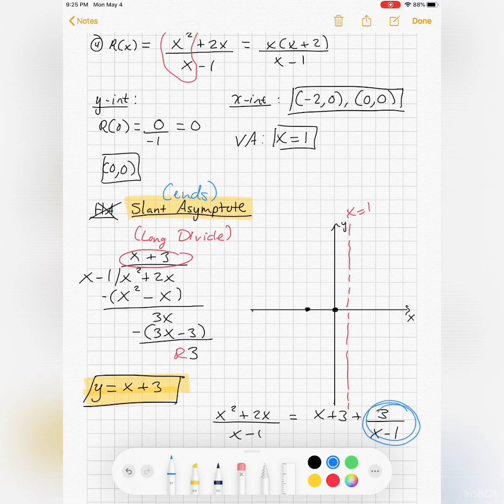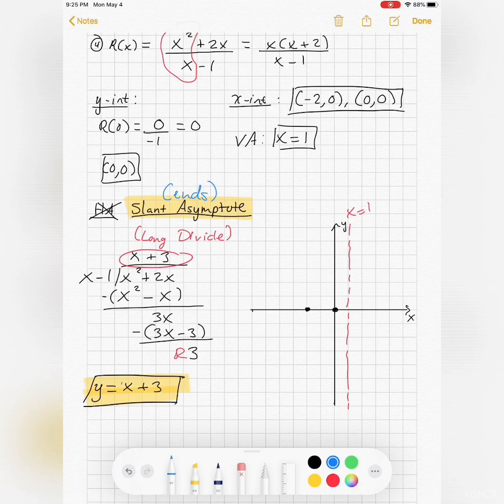If x is a big number, this fraction goes to 0, right? That's 3 over a huge number. So actually the remainder is irrelevant in terms of the slanted asymptote. I just need to know the quotient. So the slanted asymptote is just y equals x plus 3. So in this context, I don't care about the remainder.